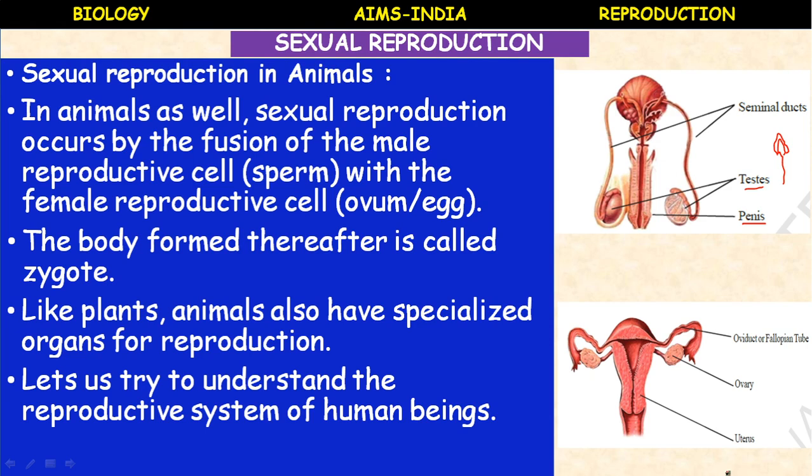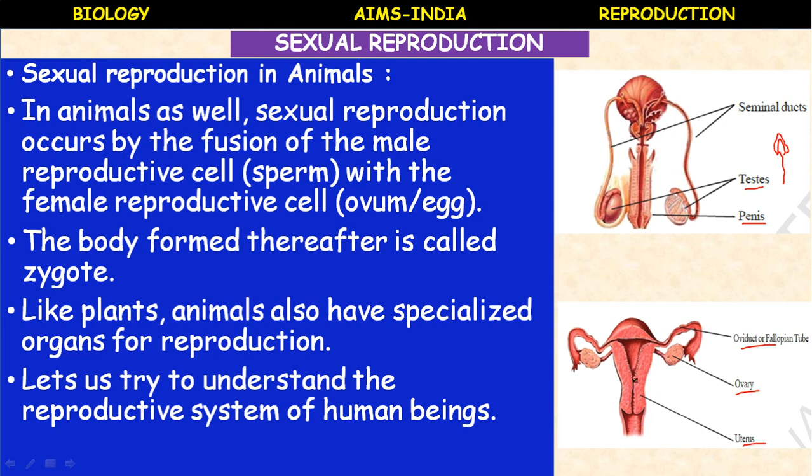And the female reproductive system, if you see, the female reproductive organs are a pair of ovaries, right and left ovaries, a pair of oviducts, also called the fallopian tubes, right and left, and the uterus. The uterus is the place where the development of the embryo takes place.